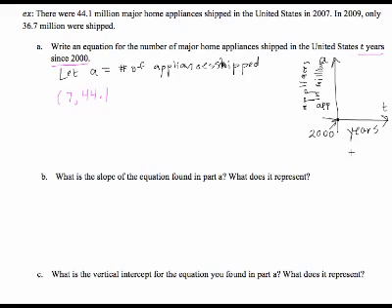It's really hard to write sideways on this digital pad. So that's (7, 44.1), and the other point I know is 2009, so that's 9 years since 2000, 36.7. Those are 2 points on the line.